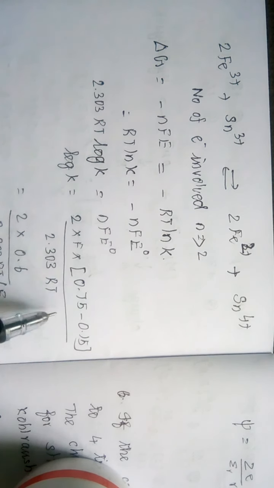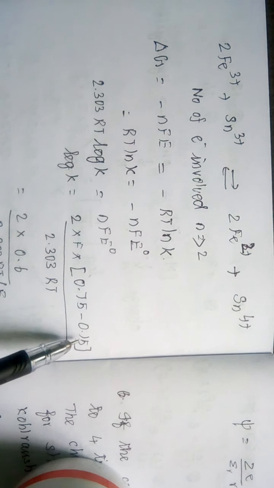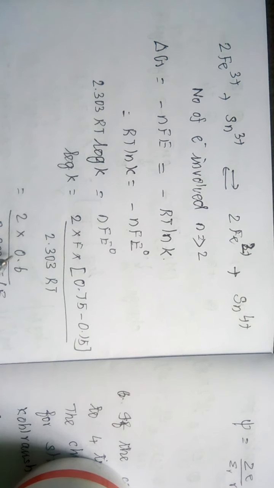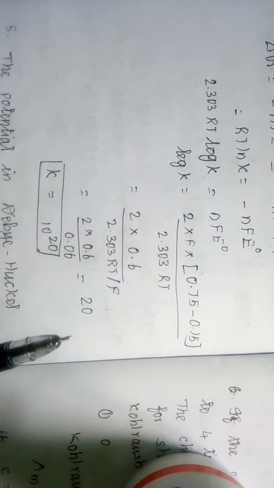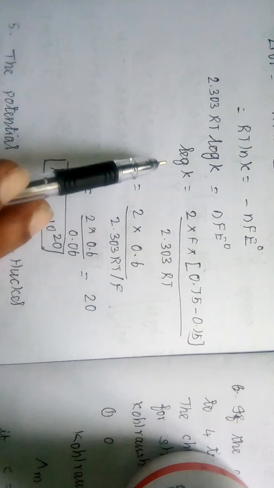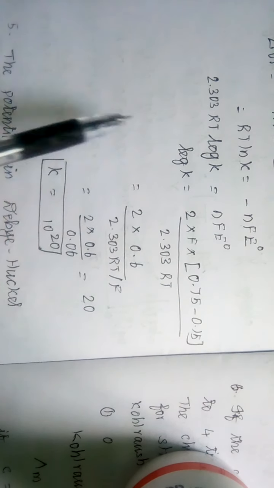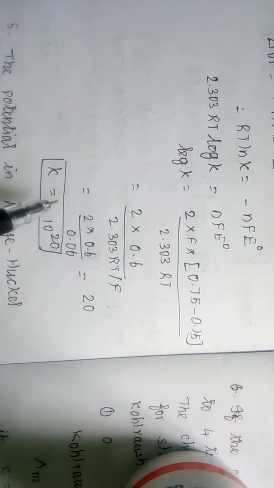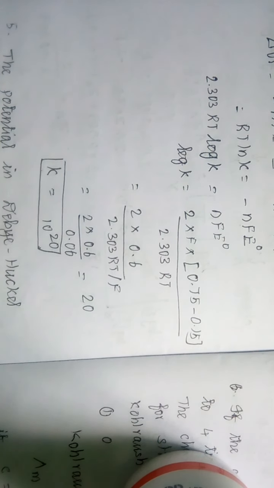When you calculate E naught, 0.75 minus 0.15, it becomes 0.6, and multiplying by 2, we get 1.2. When you rearrange the whole equation, log K becomes 20. When log K is 20, the equilibrium constant K becomes 10 power 20, which is the answer for this question.